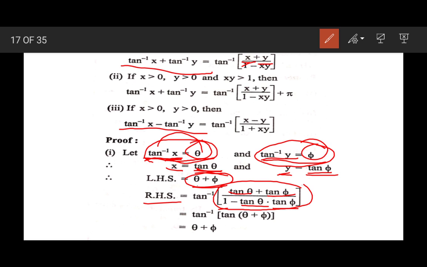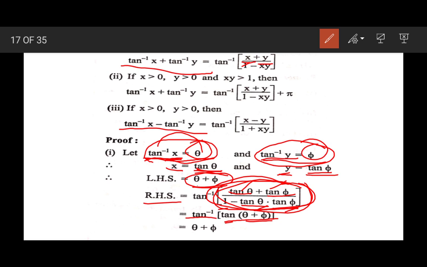See properly, this is the formula of tan (a plus b), the compound angle formula: tan A plus tan B upon 1 minus tan A into tan B. So can I write this as tan (theta plus phi)?